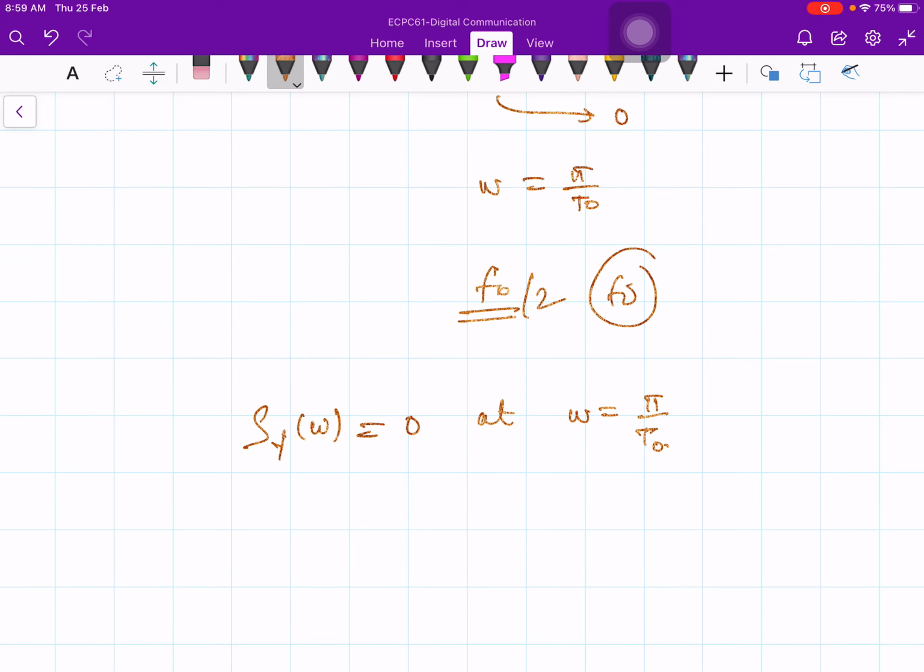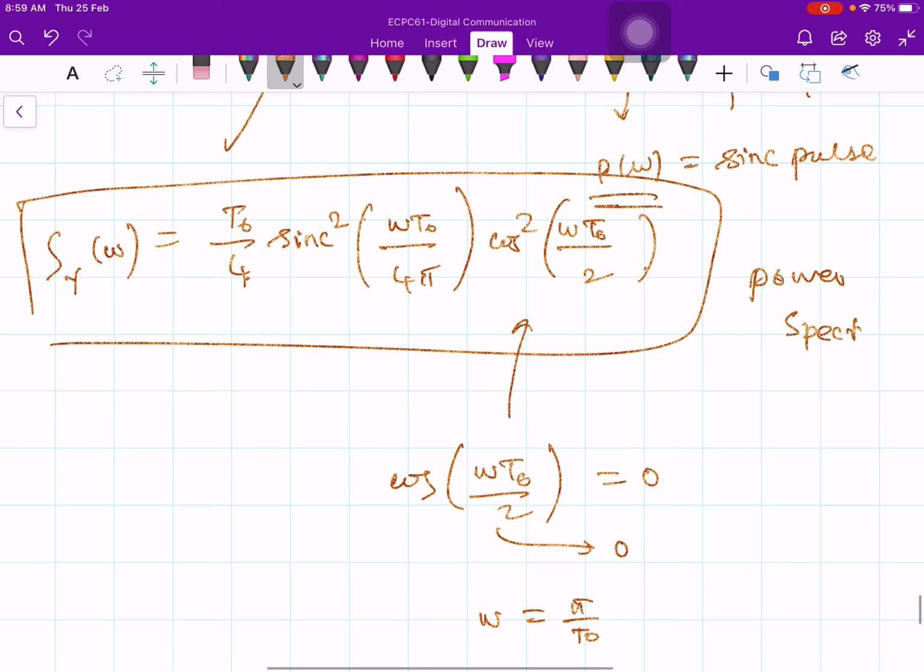So for all the spectral shapes, all the pulse shapes we discussed, the first 0 crossing was actually determined by the sinc squared function. Okay, because we did have the multiplication factor in some other schemes, but the first 0 crossing always came at either f0 or 2f0, not at f0 by 2. This is the first scheme we are seeing where the first 0 crossing results at f0 by 2.